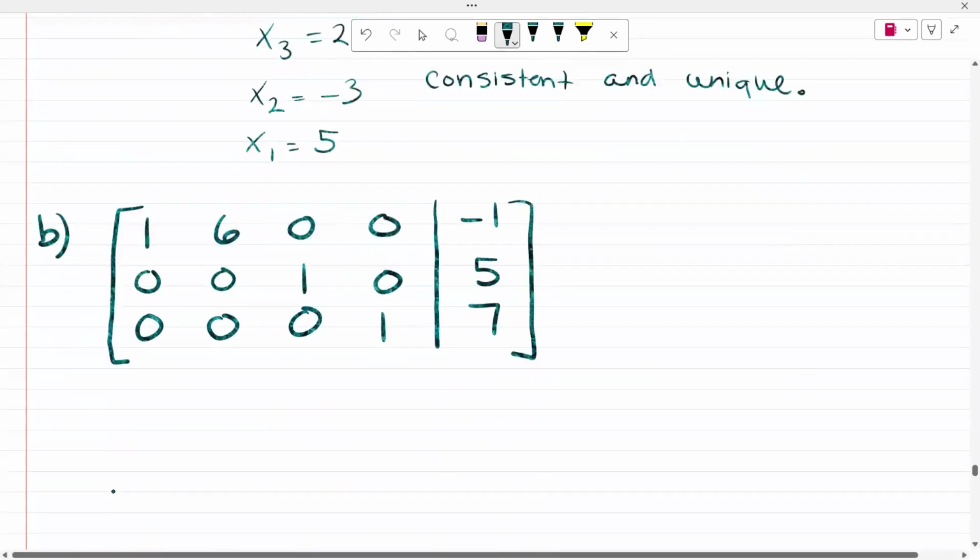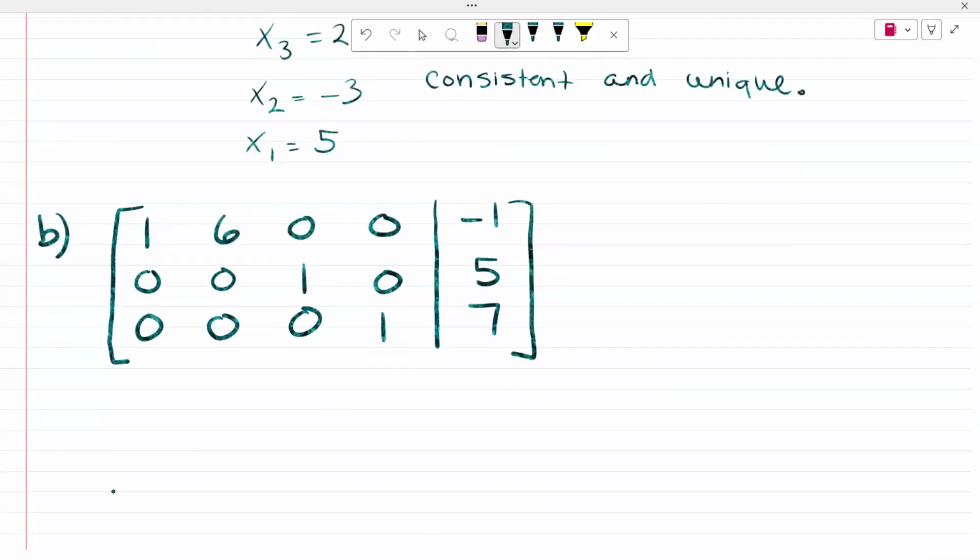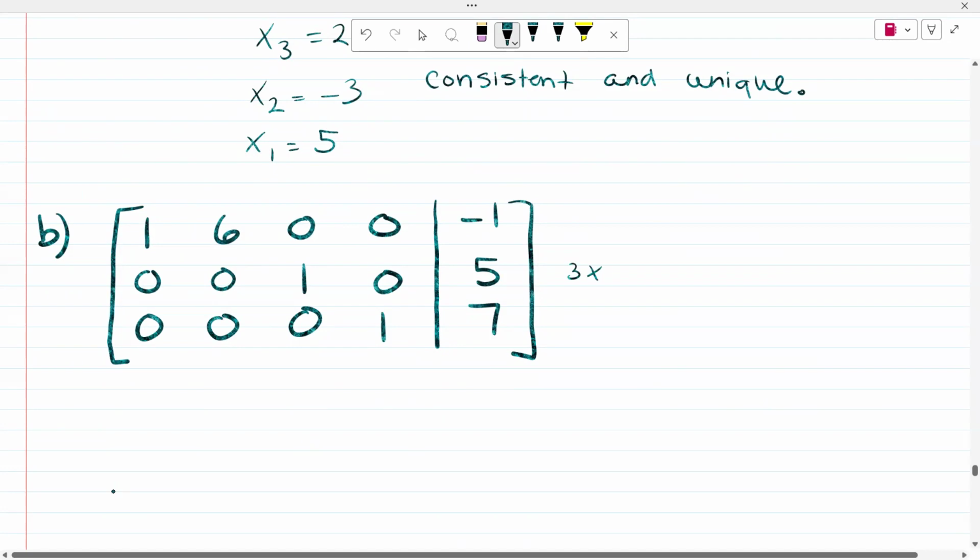Okay, let's look at matrix B. What is this matrix? This is 3 by 1, 2, 3, 4, 5, 3 by 5, right? And we'll call these columns x1, x2, x3, x4, right?